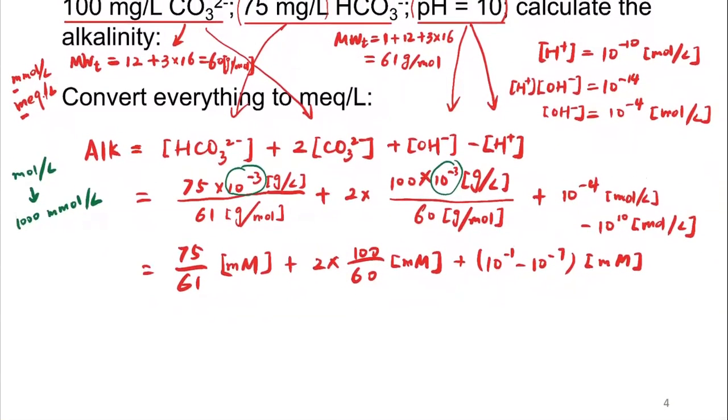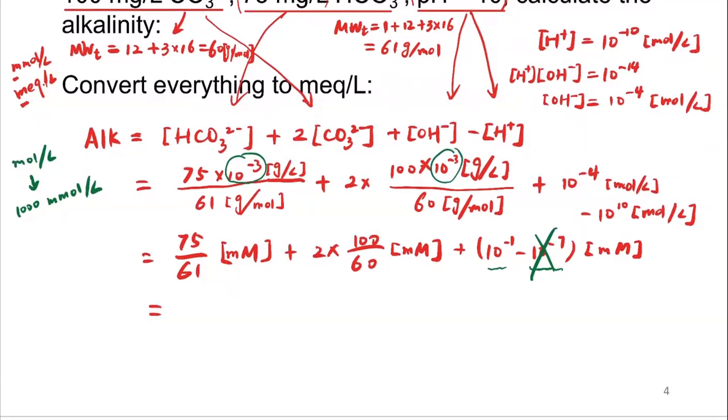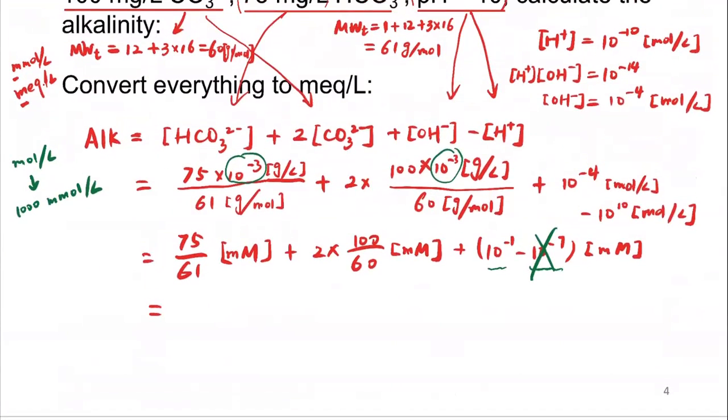And then what we can say is that this -7 term is so small compared to -1, so we can just ignore this term, all right? And then if you use your calculator and do the calculation here, you will find that the final answer is actually 4.66 mM.